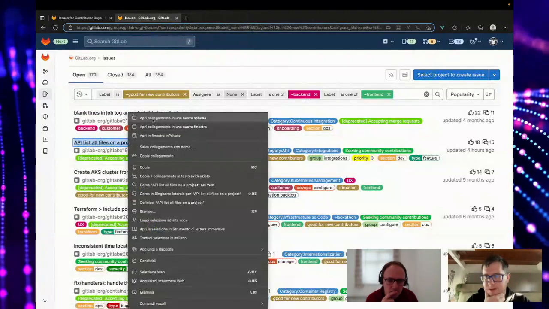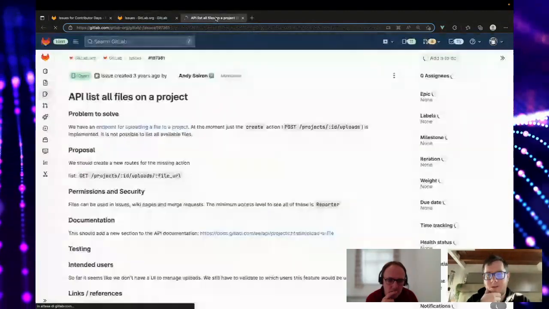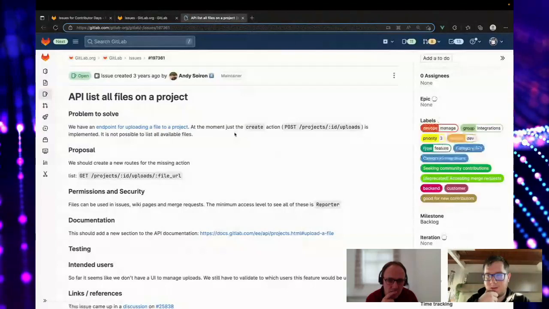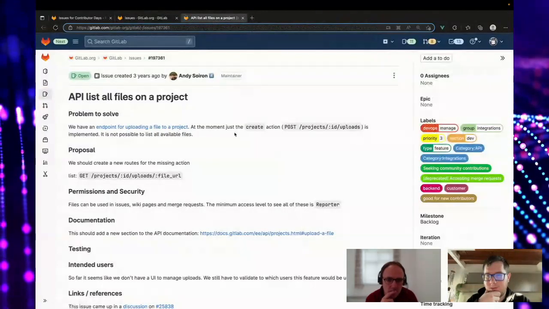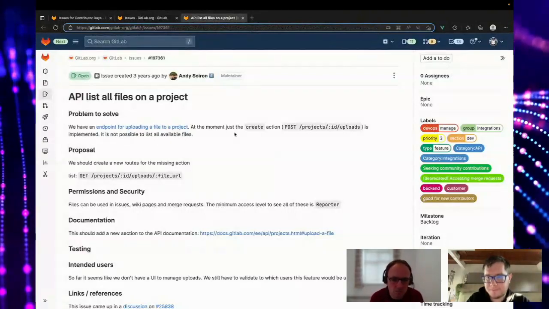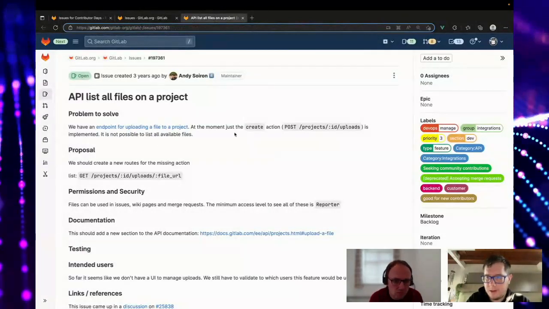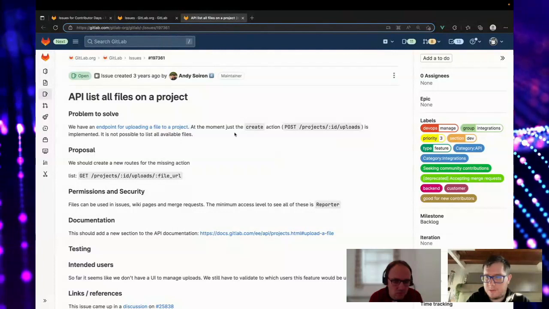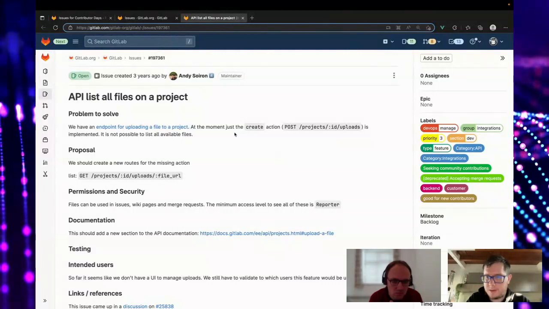An API to list all the files in a project. We should create a new rule for the missing action.